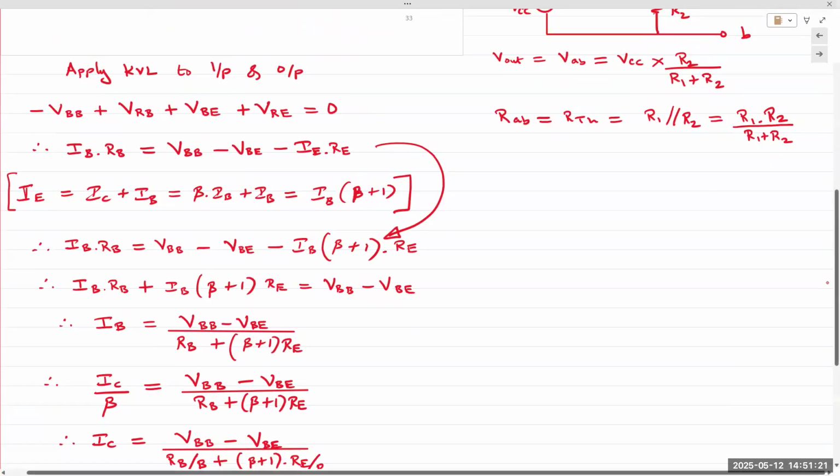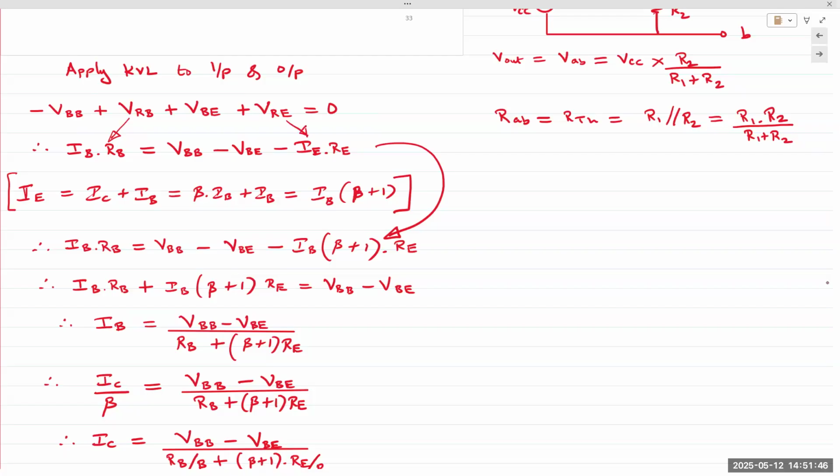Now, we want to obtain an equation for IC or VCE, right? IC or VCE. Output voltage or output current in terms of the input voltage or input current. So you're going to replace VRB with IB times RB and VRE with IE times RE. So now we have an input current in there. IB is introduced into the equation.